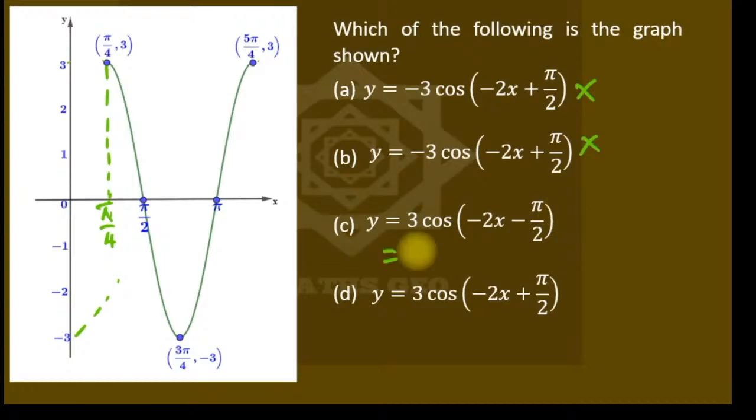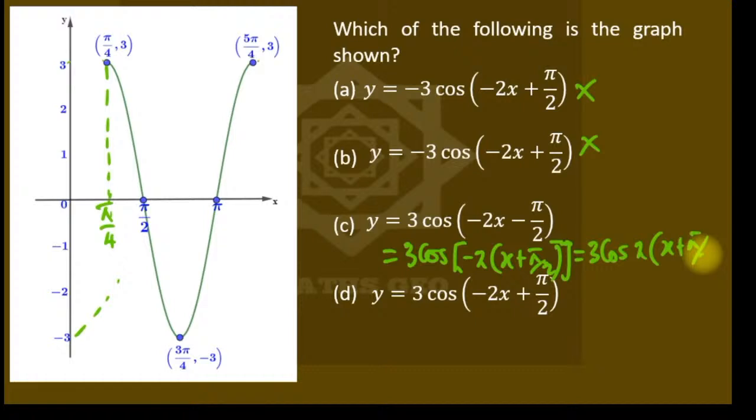So I need to write this as 3 cos. We can bring out this negative 2. This is x plus pi over 2. Well, remember I told you that cosine of a negative angle is neglected. That negative sign is neglected. So this is now 3 cos 2 bracket x plus pi over 4.